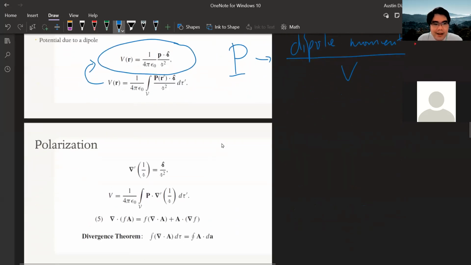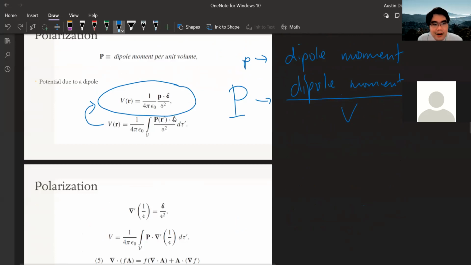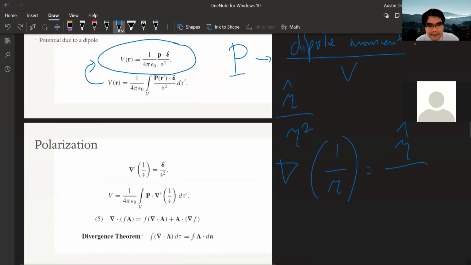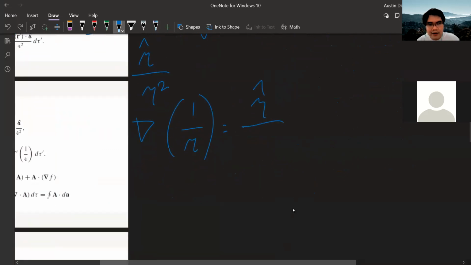So, ngayon, tingnan natin itong curly r hat over r squared. Ngayon, alam natin na kapag kinuha natin yung gradient ng 1 over r, magiging r hat over r squared, curly r's. Okay? So, kung di kayo convinced na ito yun, isipin nyo ito ay potential.